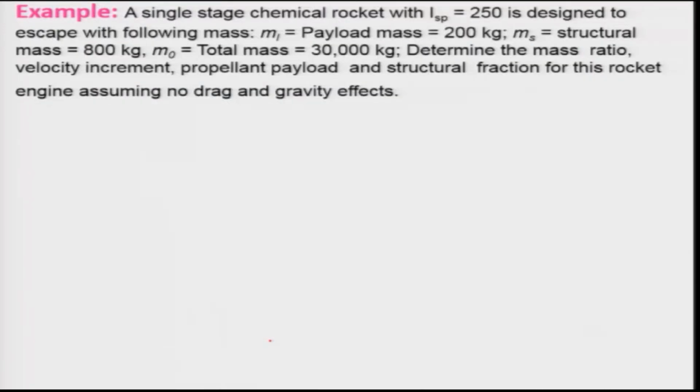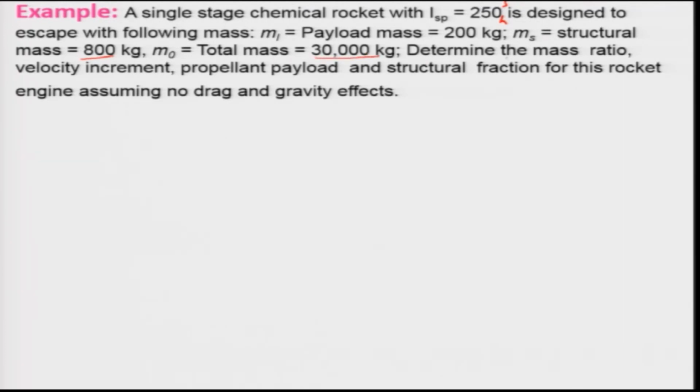It is a very simple example. We are considering a single stage chemical rocket with an ISP of 250 second, that is designed to escape with the following mass: payload mass is 200 kg, structural mass is 800 kg, and total mass is 30,000 kg.